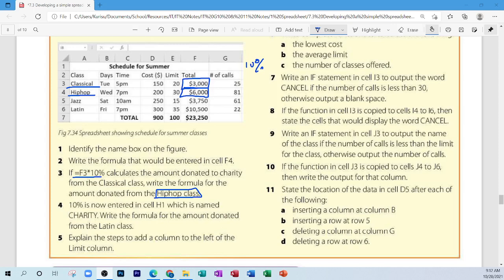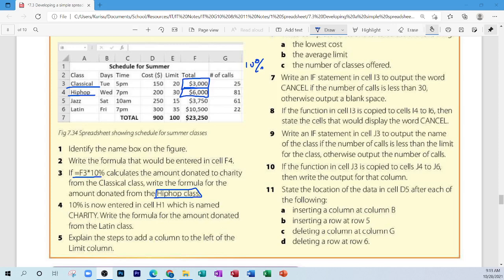We only learned this in the last class, that was Tuesday. Sir, relative addressing. Yes, relative addressing. So what happens with relative addressing, for those that can't remember? Sir, the cell reference changes. The cell reference changes, that is it.